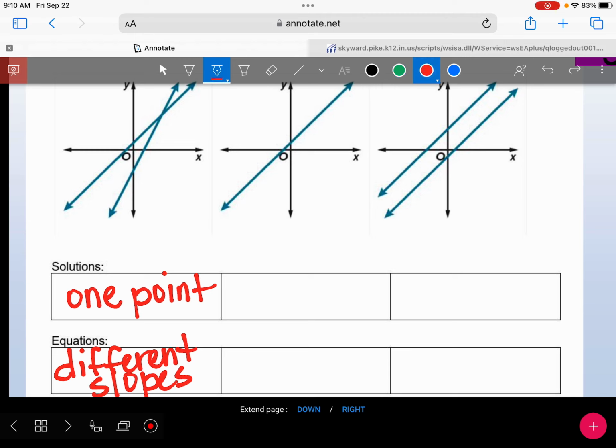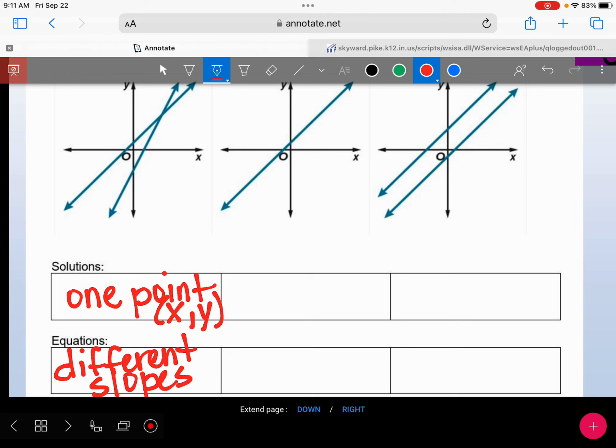And the solution is always written as an ordered pair, x, y. In order for that to happen, the 2 lines have to have different slopes. So we're graphing 2 equations. If you have different slopes, then you have 1 point.